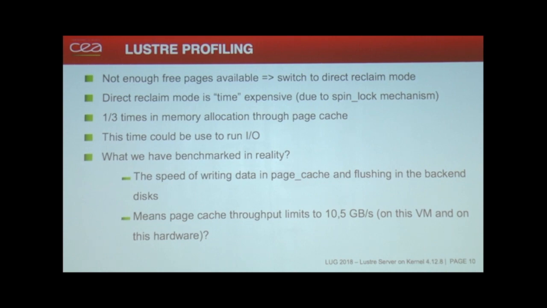we can conclude that we have a page cache benchmark, that we can achieve 10.5 gigs to write pages in page cache and to flush data from page cache to disk. That's for the specific hardware we have here again.